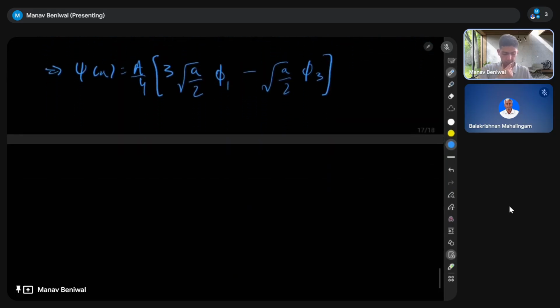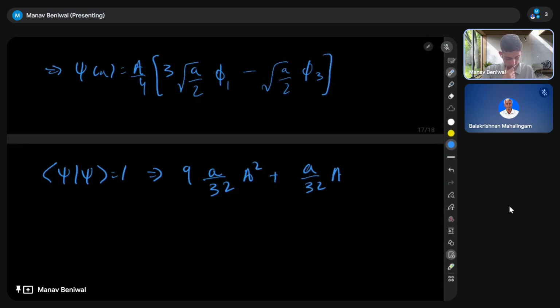Okay, now let's do normalization. So the integral of psi squared equals 1, and this would imply that 9, and this will give me a squared, and 16 and 32, 9 a squared by 32 plus a squared by 32. So adding this, 9a squared plus a squared, 10a squared by 32, so this is 1.